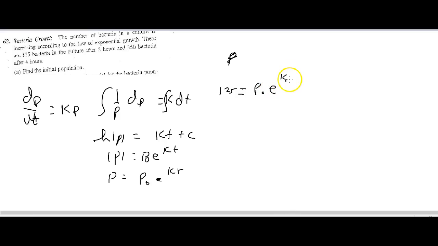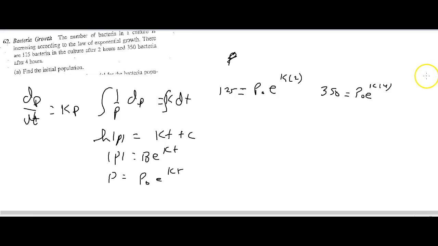Oh no, I have 2 unknowns. What am I going to do? Put a 2 here. So I can't solve that. Okay, so now I'm going to go ahead and go 350 equals P naught e to the k times 4.